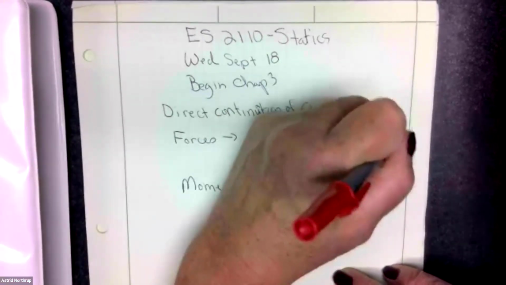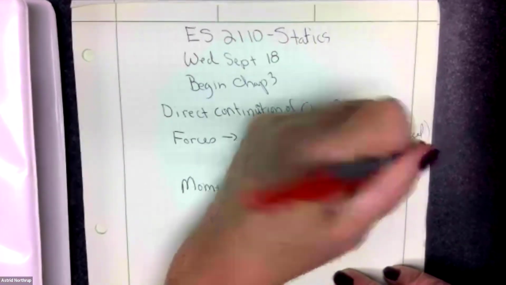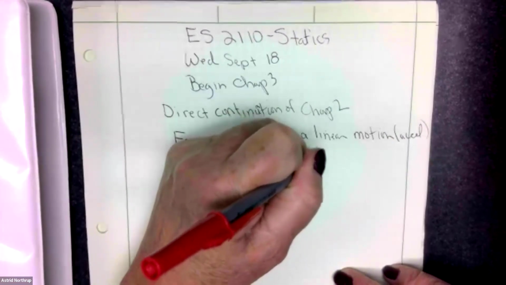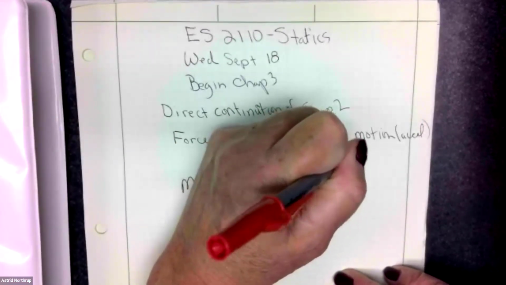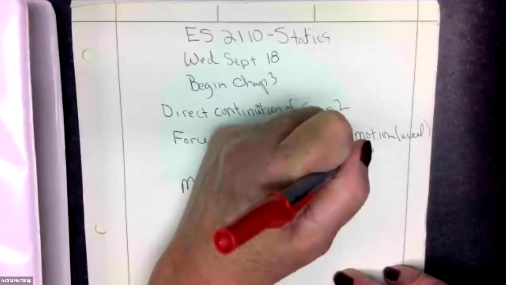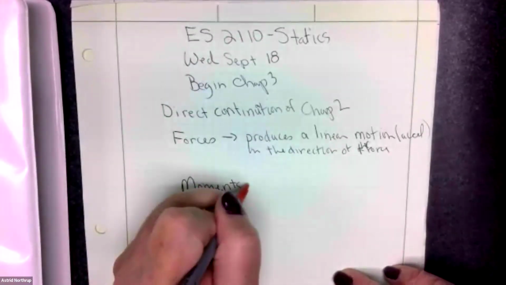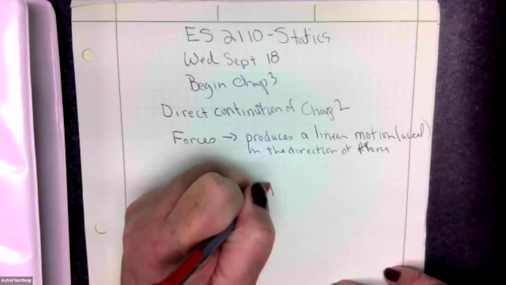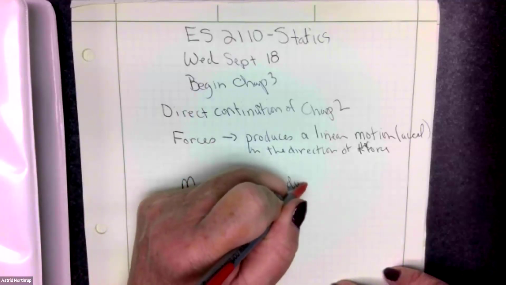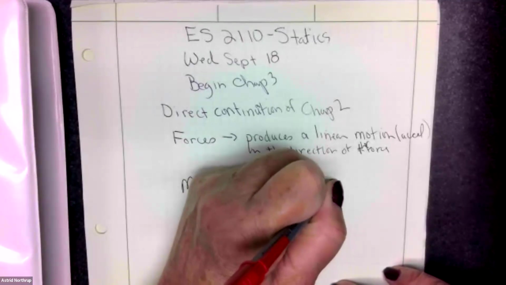And specifically, the motion is an acceleration. A moment, on the other hand, if it is unopposed, produces a rotation.